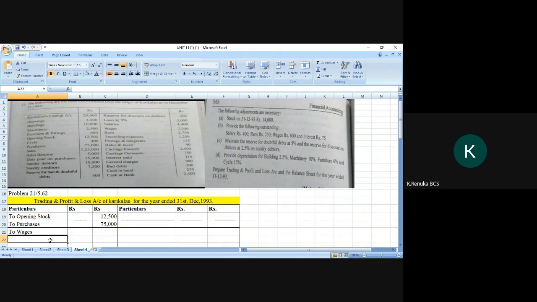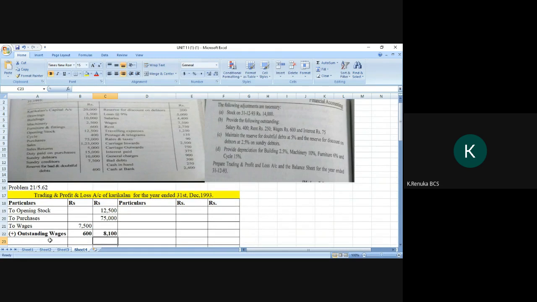So to wages they have got outstanding, and you need to add the outstanding. Your wages value is 7,500 and your adjustment value was 600. So the final amount, that is 8,100, will be posted in the outer column.